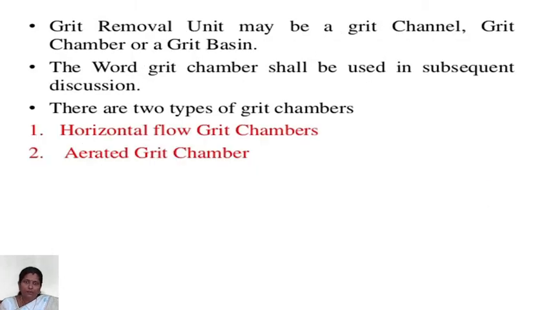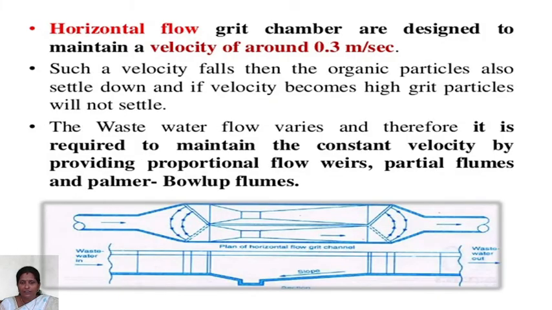Grit removal unit may be a grit channel, grit chamber, or a grit basin. The word grit chamber shall be used in subsequent discussion. There are two types of grit chambers available: one is the horizontal flow grit chamber, another is the aerated grit chamber. First, the horizontal flow grit chamber. It is designed to maintain a velocity of around 0.3 meter per second.